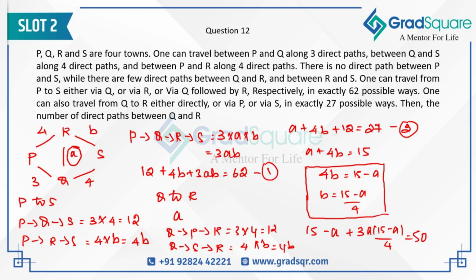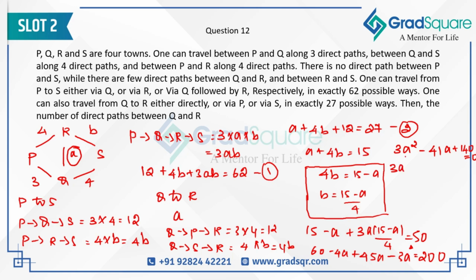And simplifying this, I get 60 minus 4A plus 45A minus 3A square to be equal to 200. Now simplifying this is going to give me a quadratic equation, that is 3A square minus 41A plus 140 equal to 0. Now I'm going to factorize this.